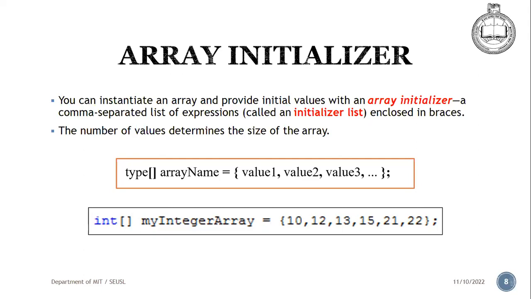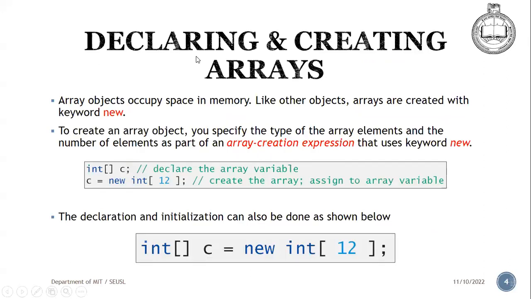After declaring, we have to initialize the array. And as the third step, we have to assign the values to the array. Normally that's how it is done, right? That's what we have studied in these slides.